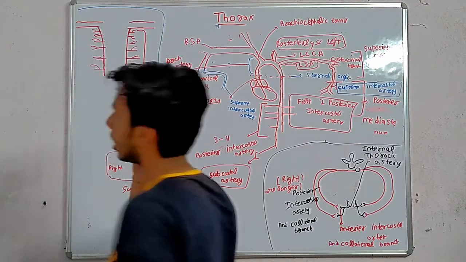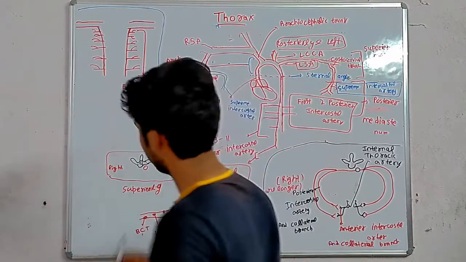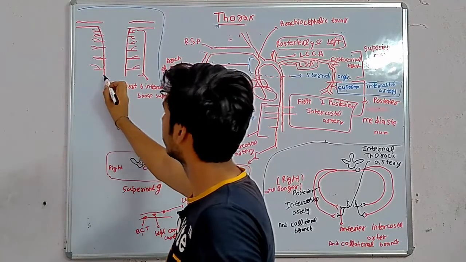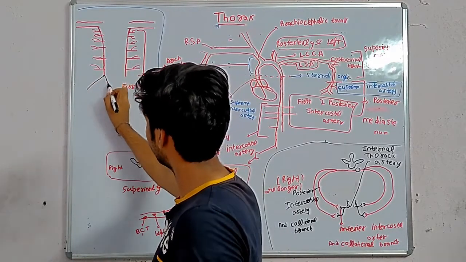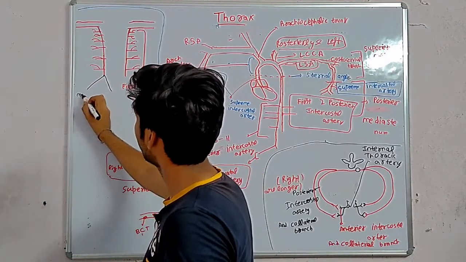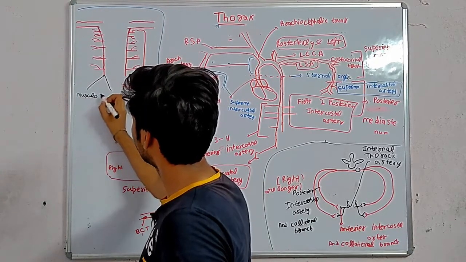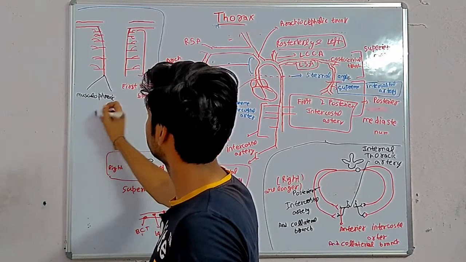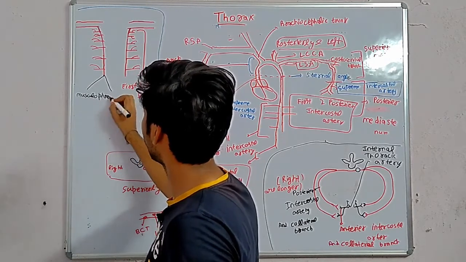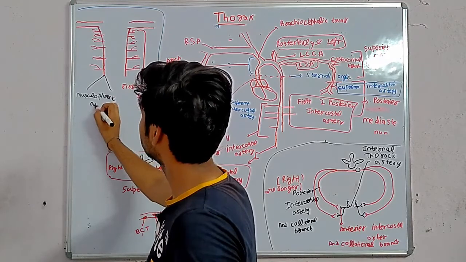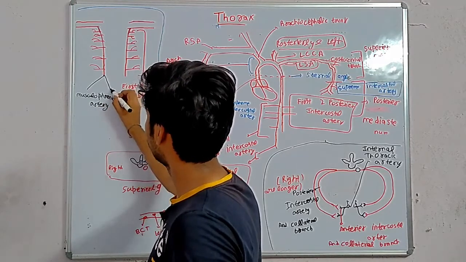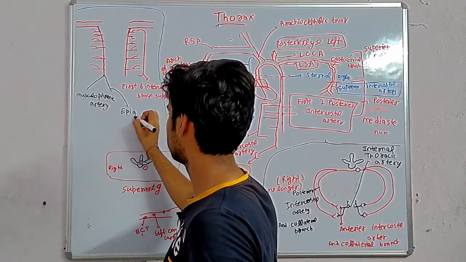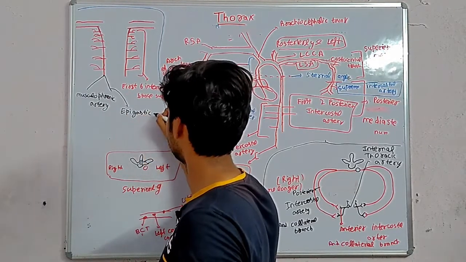Then now come to the remaining spaces. This artery divides and terminates into two arteries: the musculophrenic artery and the epigastric artery.